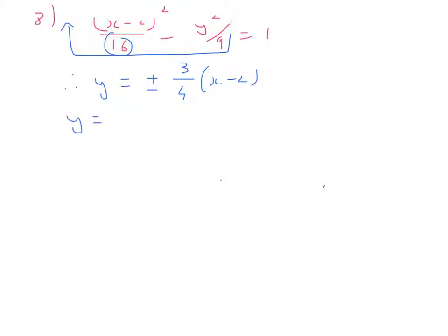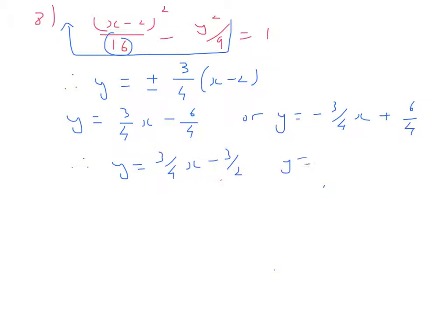So we've actually got y equals 3/4 of x minus 6 on 4. Or you've got y equals negative 3 on 4x plus 6 on 4. Therefore y equals 3/4 of x minus 3 on 2. Y equals negative 3/4 of x plus 3 on 2. And that's option A.